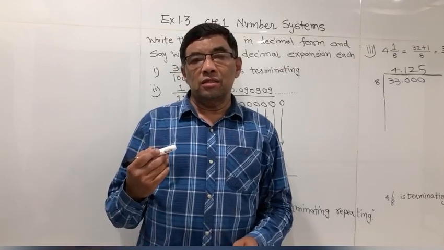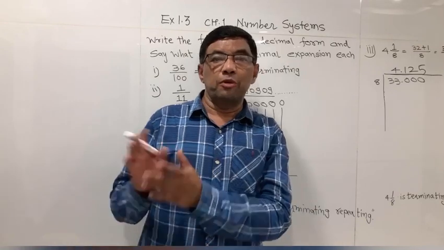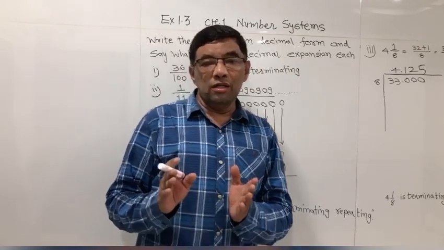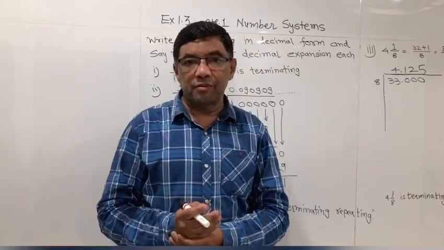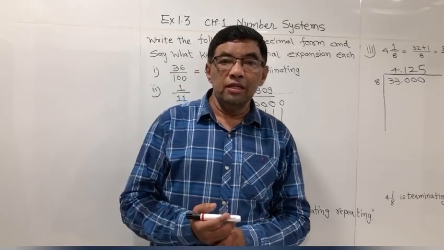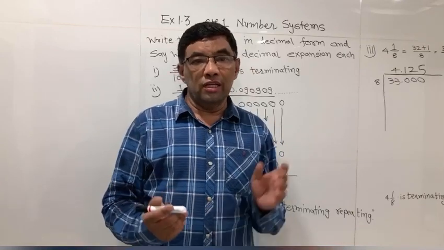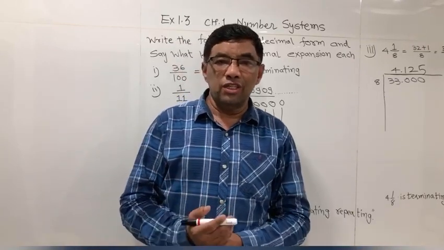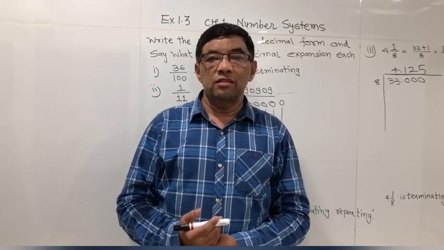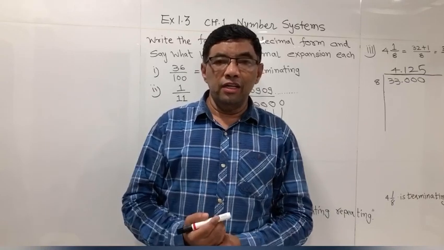And if after some steps of division the same group repeats, then we call it non-terminating and repeating. So let us start the first question and find out the division first, and then answer what type it is.